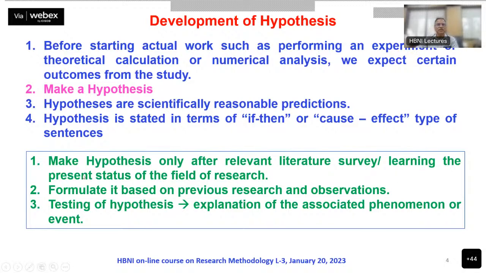You learn the present status of the field of research by doing a good literature survey. Once you are sure that the hypothesis you are making has not been tested before, you can make it. After that, you formulate it based on previous research and observations, and then you plan the testing of the hypothesis. That will give you the explanation of the different phenomena or events.